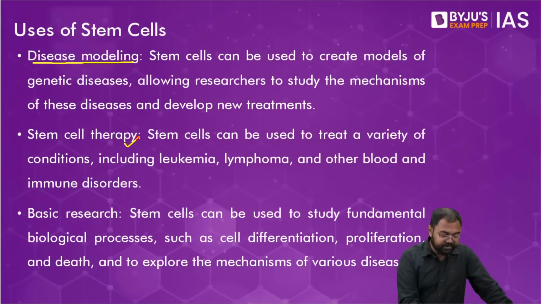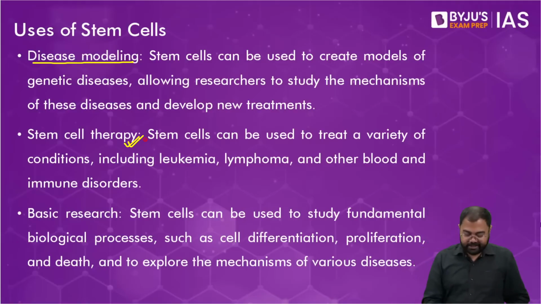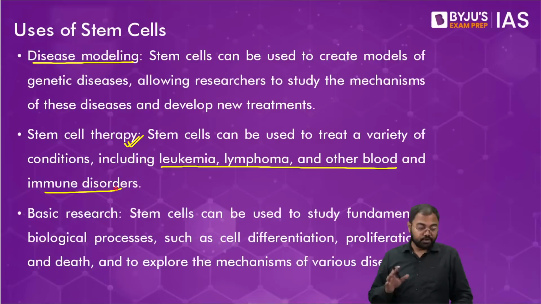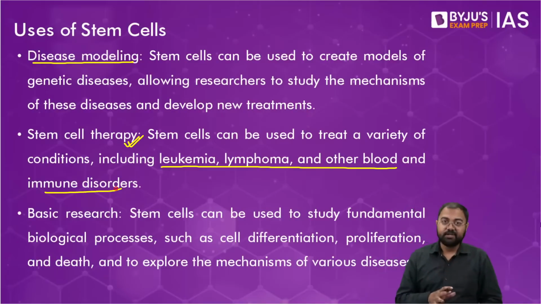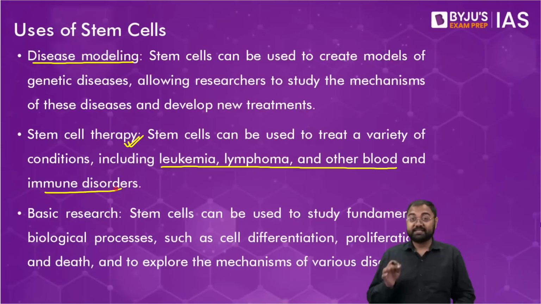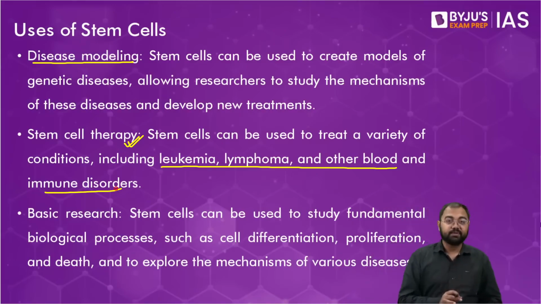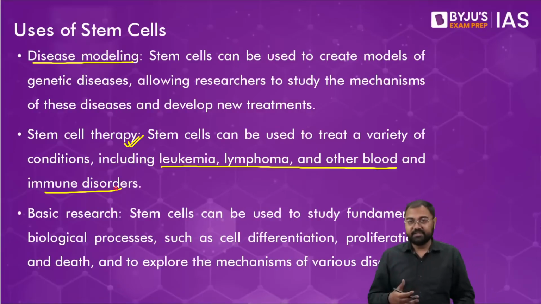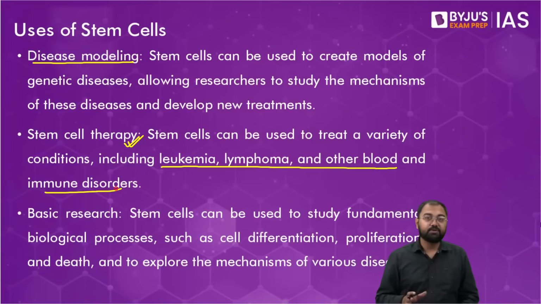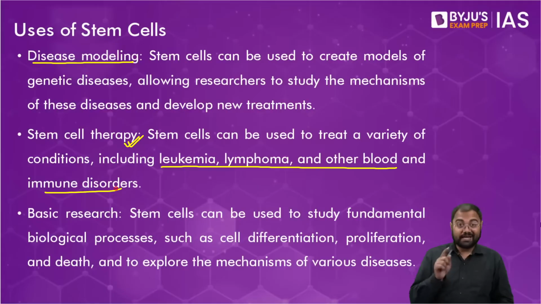Then we have stem cell therapy, in which conditions like leukemia, lymphoma, and blood or immune disorders can actually be solved with the help of stem cell therapy. There have been cases where we have been able to cure cases of cancer or even cases of AIDS with the help of stem cell therapy. Although they have been very small in number, we have seen success.